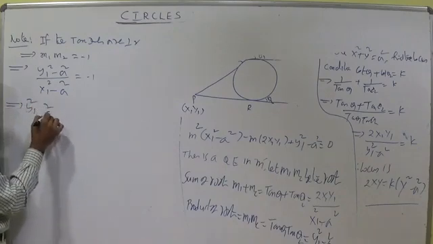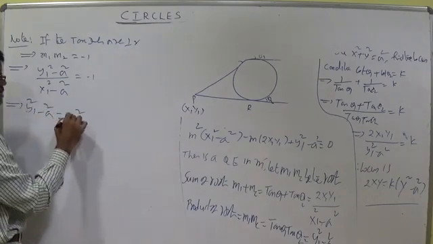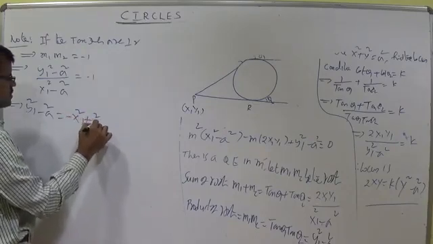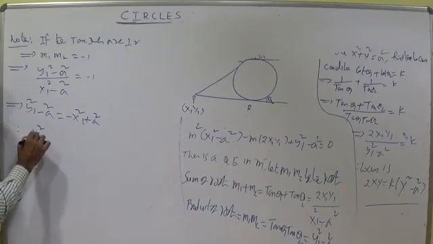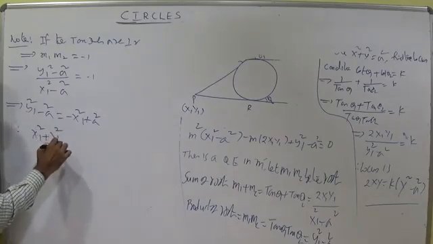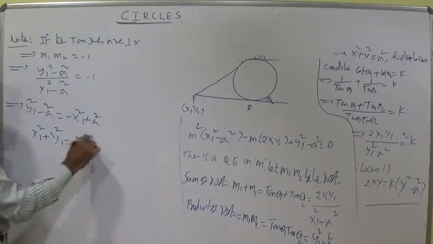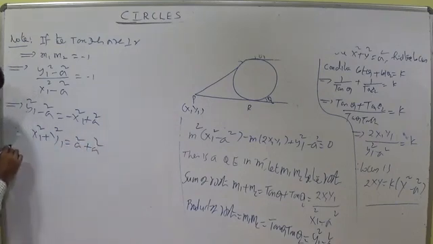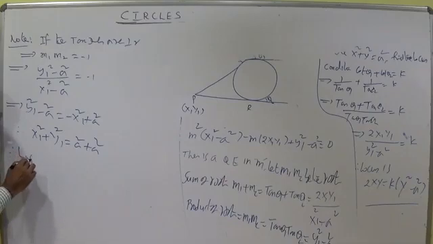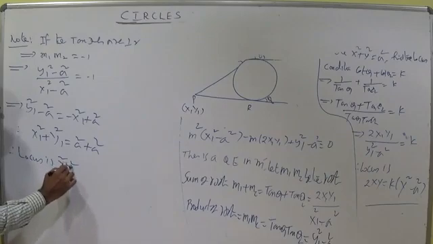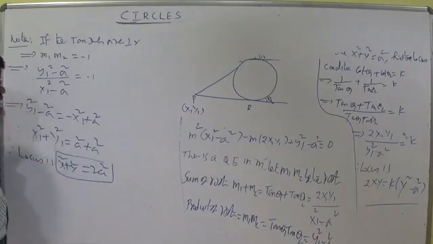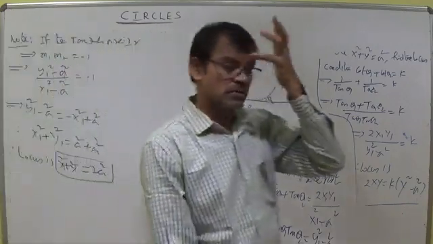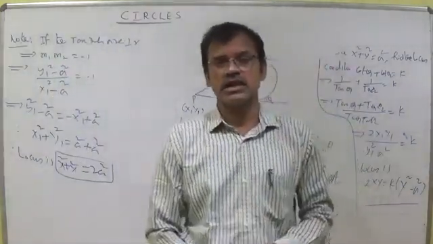That implies y1² − a² = −x1² + a². Therefore, taking −x1² to this side, it becomes x1² + y1² = a² + a². Therefore, the locus is x² + y² = 2a². It is called a director circle.